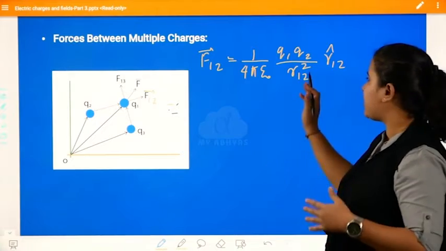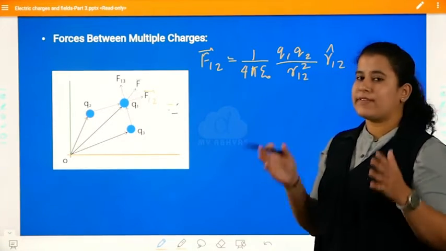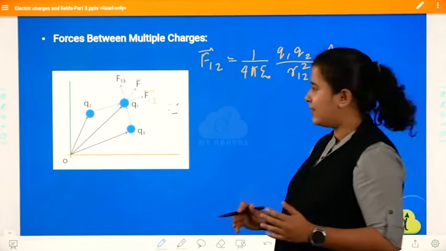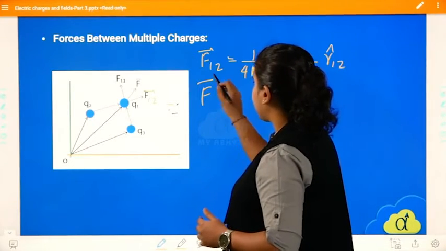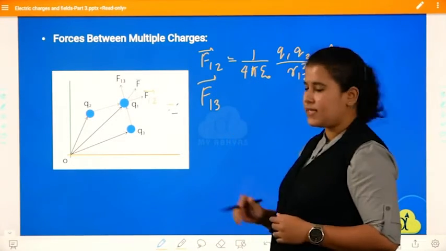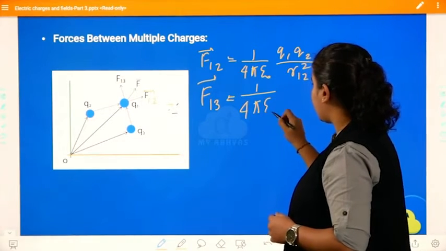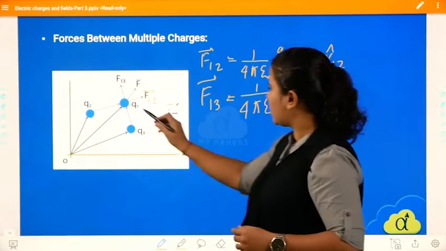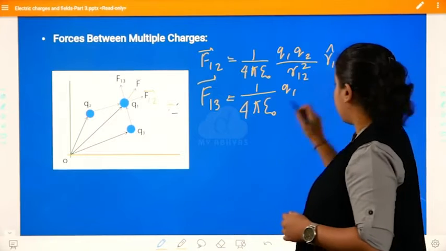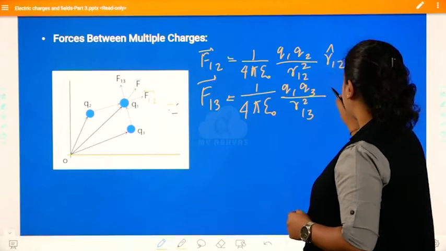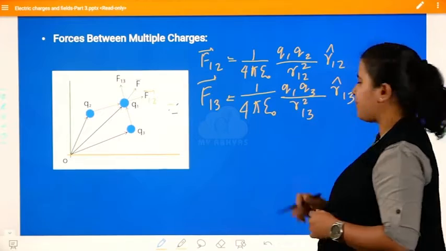I am writing this in vector form because we have to find this force in the vector form itself. Clear? Next, in the second case, F13 is equal to 1 divided by 4 pi epsilon naught Q1 Q3 divided by R13 square, R13 cap.